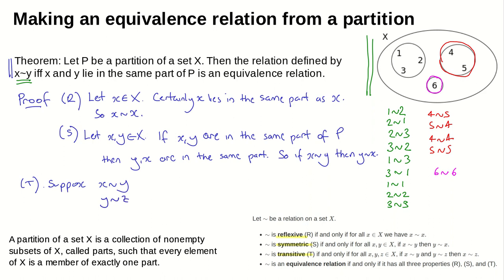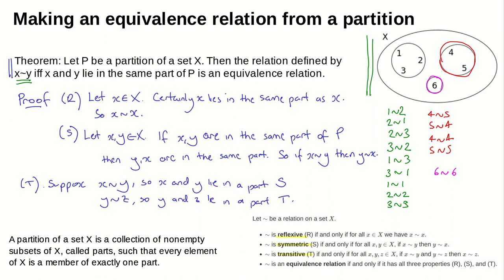Now if x is related to y, that means x and y lie in the same part of this partition. So let's give that part a name. X and y lie in their part. Let's call this part S. And if y is related to z, then y and z lie in a part. And we'll call this part T.